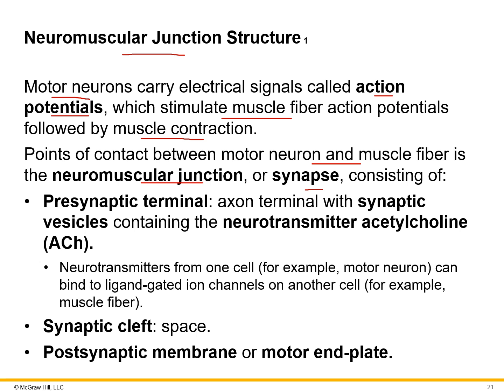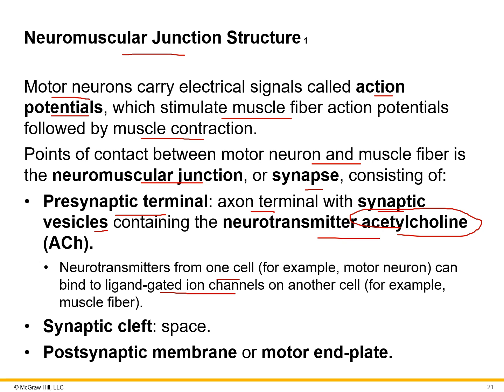The presynaptic terminal, before the synapse or junction, is on the axon of the motor neuron. It has what are called synaptic vesicles, and those vesicles have neurotransmitters. The neurotransmitter specifically involved in skeletal muscle contraction is called acetylcholine. So these motor neurons release acetylcholine into that synapse, and then the neurotransmitters from one cell can bind to ligand-gated ion channels on the next cell, in this case, a muscle fiber.